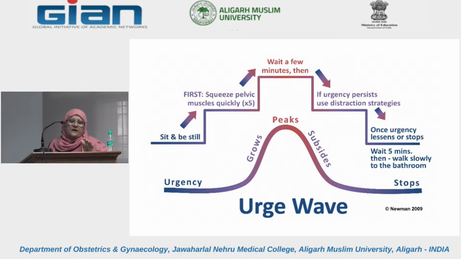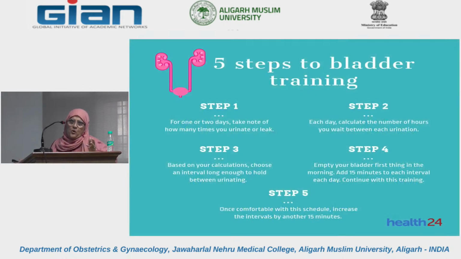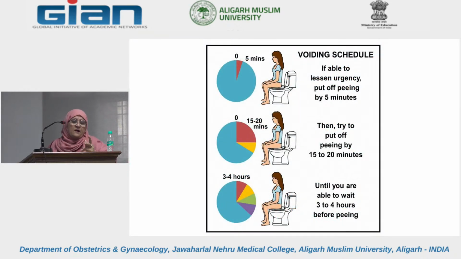So maybe they don't have to prolong it for a long time. They can start with 5, 10, 15 minutes and then go on increasing. If they are able to lessen the urgency, put off passing urine for 5 minutes, then 15 to 20 minutes, till they come to 3 to 4 hours. Sorry, when they are awake, it should be around a 3 to 4 hour interval that they pass urine.